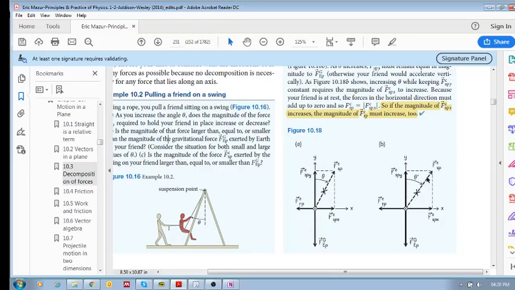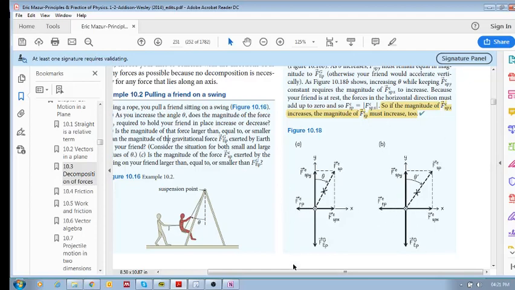And if the force gets larger, then the horizontal component must also get larger than this component over here. And so, as you can see, the rope force to hold your friend at a larger angle must indeed be larger than the one over here.